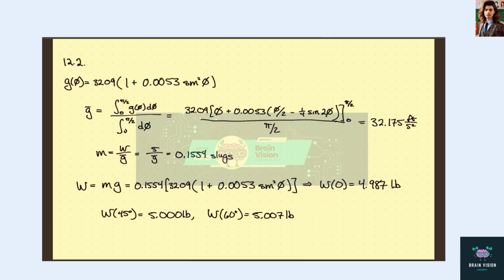I think it must be right, because that's where this is a minimum, and I think the gravity is a minimum at the poles, which makes sense. Anyway, at that point, when phi equals 0, it weighs slightly less. And at 45 degrees, we see that it weighs almost exactly 5 pounds.